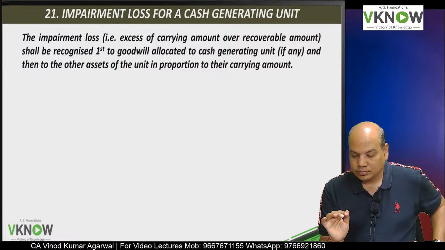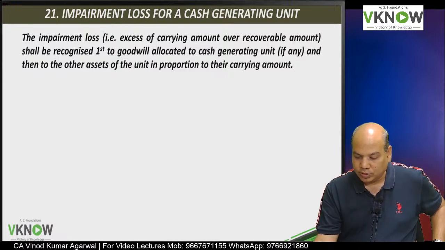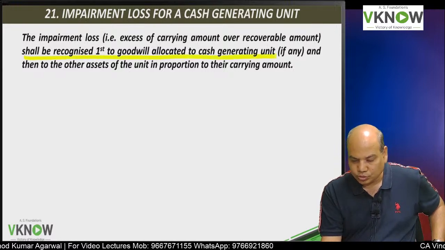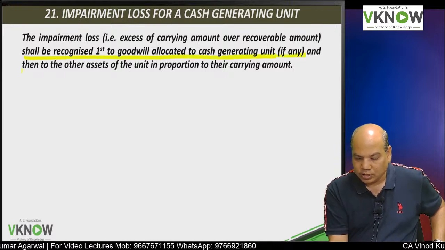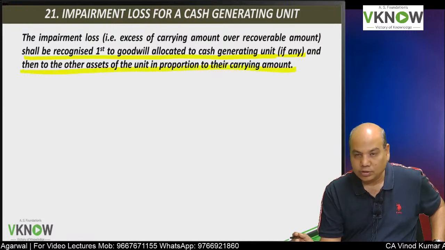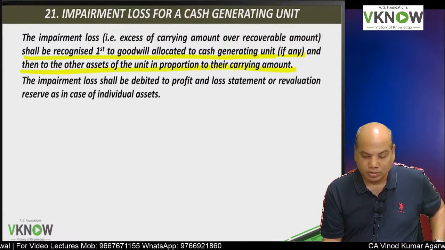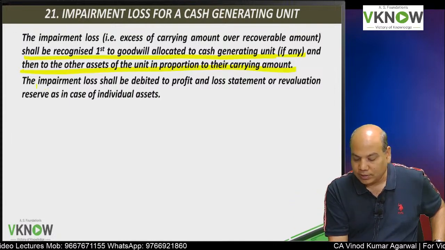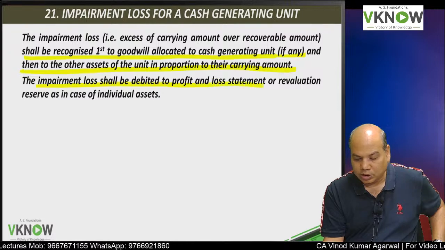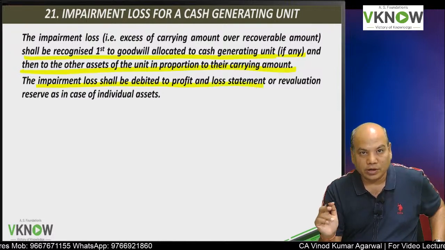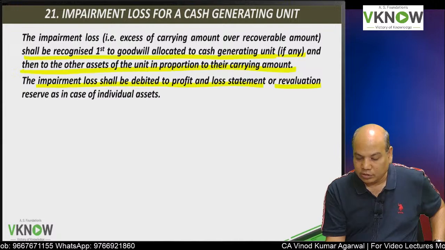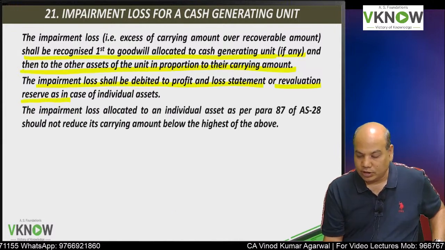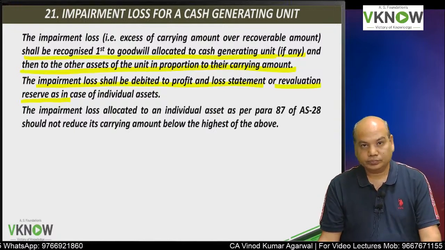Impairment loss, that is excess of carrying amount over recoverable amount, will be first recognized towards goodwill if any, and then to the other assets of the unit in proportion to their carrying amount. Already explained. Second point, impairment loss will be debited to P&L account if it is a non-revalued asset, or revaluation reserve if it is a revalued asset in case of individual asset.